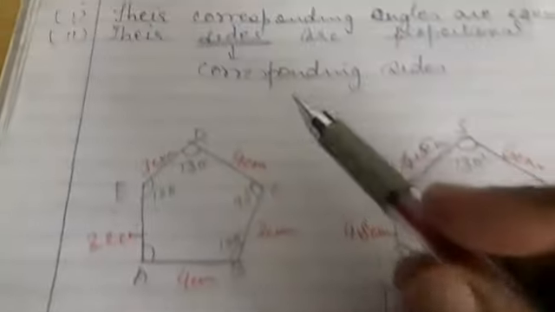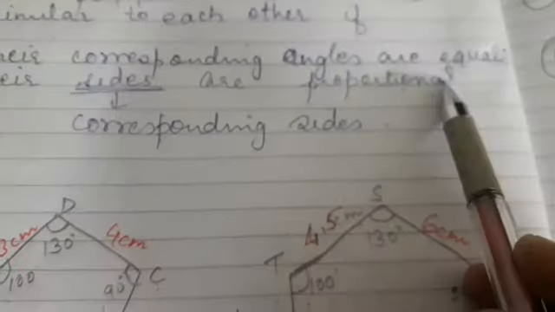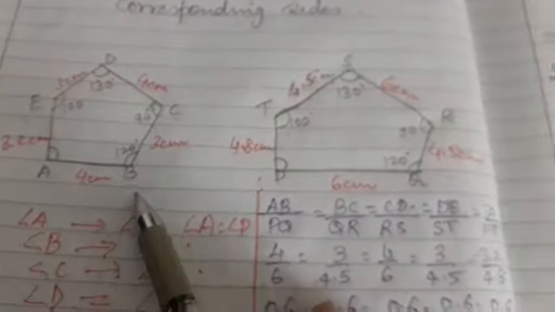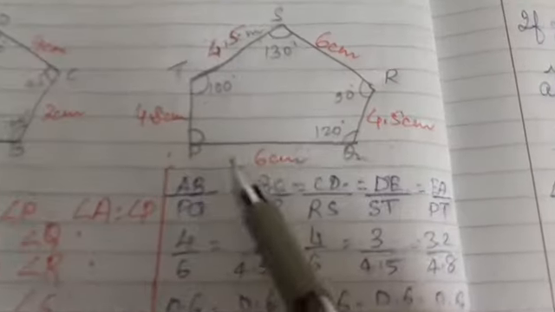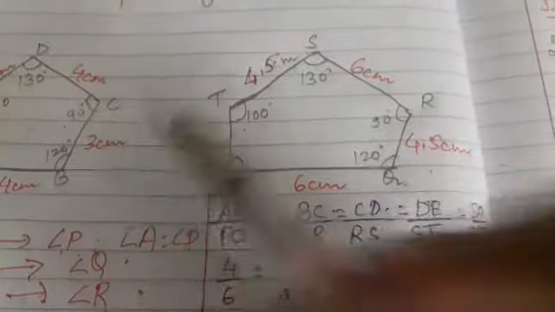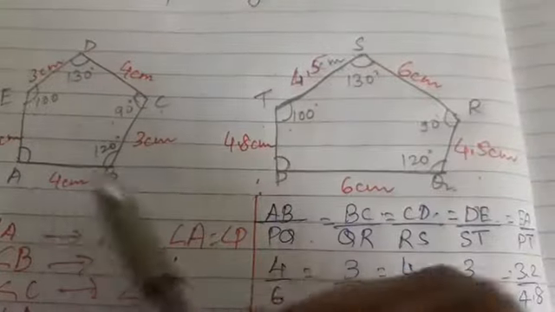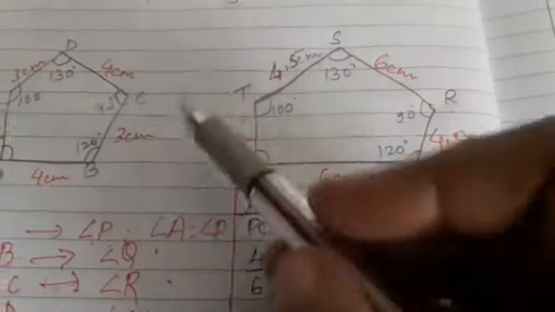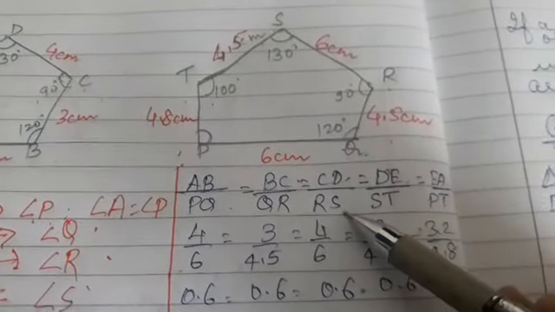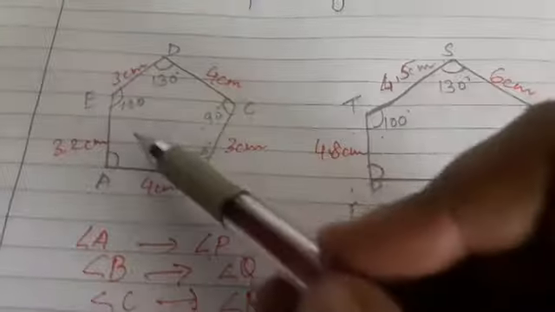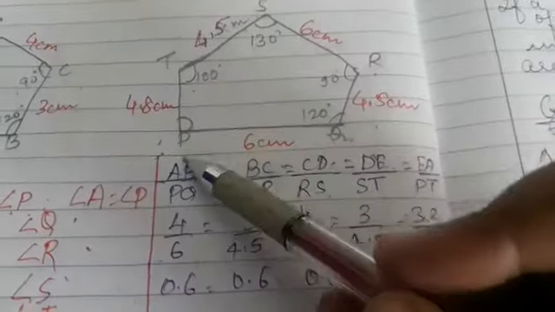Now the second point says that the sides are proportional. That means AB upon PQ will be equal to BC upon QR. You can see that these are the corresponding sides: AB with PQ, BC with QR, then CD upon RS, and DE upon ST, and the last one is EA upon TP.